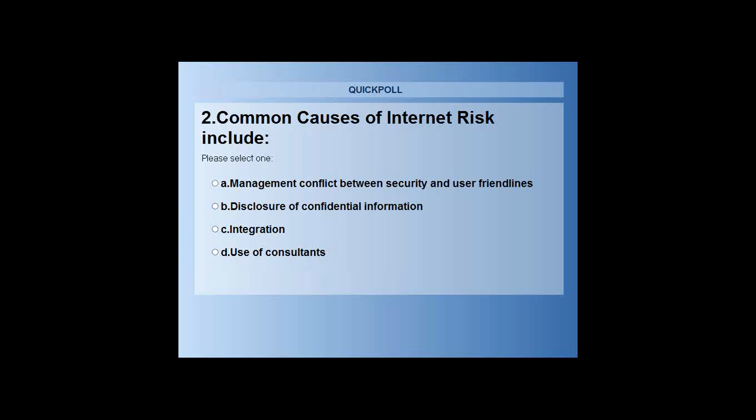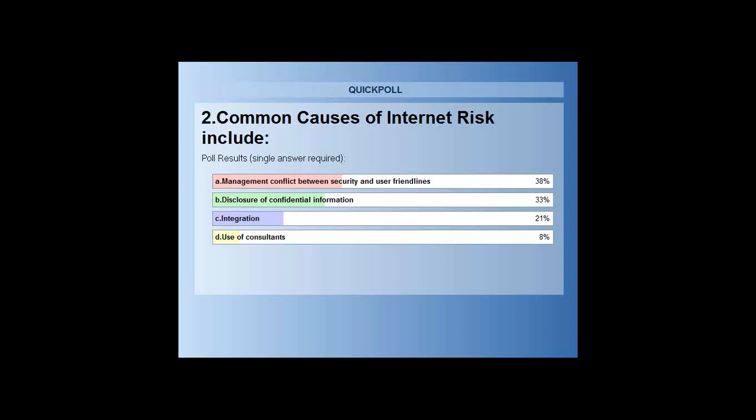And we're fully voted. So I'll close the poll and share the results. And we have a split between management conflict between security and availability and user friendliness versus disclosure of confidential information. Remember, disclosure of confidential information is the risk.